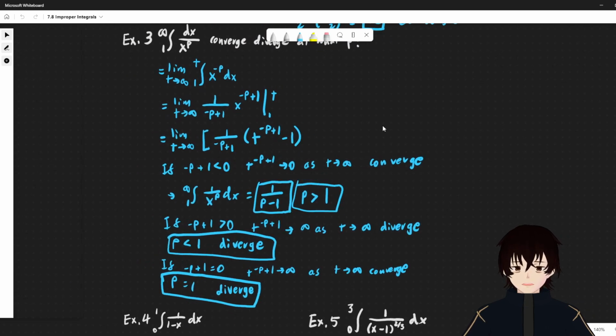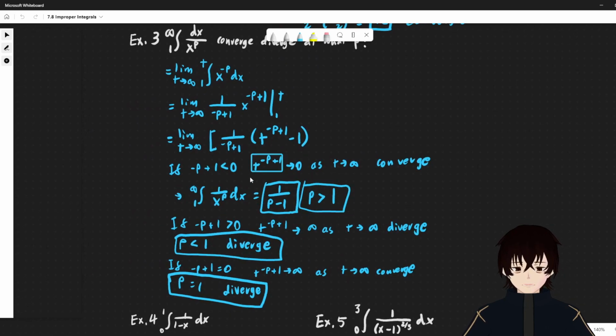First, took the limit. Then, ooh, if p plus 1 is less than 0. Wait, where's this minus 1 come from? Is it approach greater than 0?